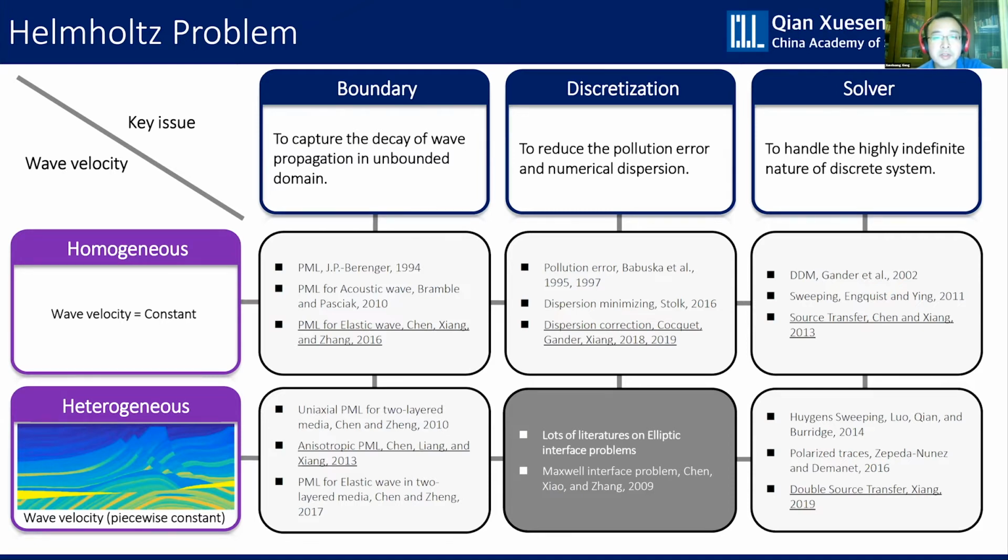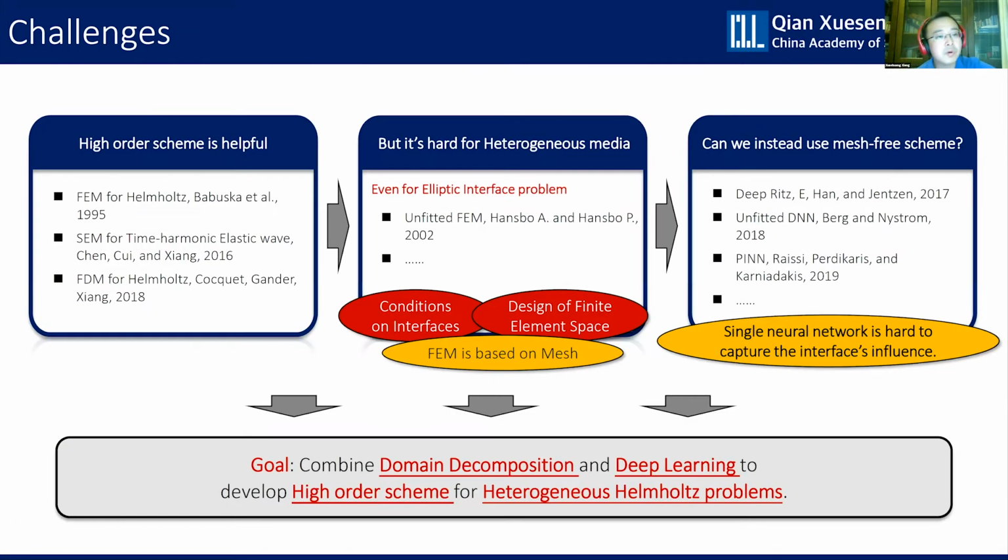During the last several years, I spent lots of my time on these topics. And now I focus on the problem of how to discretize the Helmholtz problem, especially in a heterogeneous domain. So what is the challenge? First of all, a high-order scheme is very helpful, whether we use the finite element method, spectral element method, or finite difference method for discretizing the Helmholtz problem.